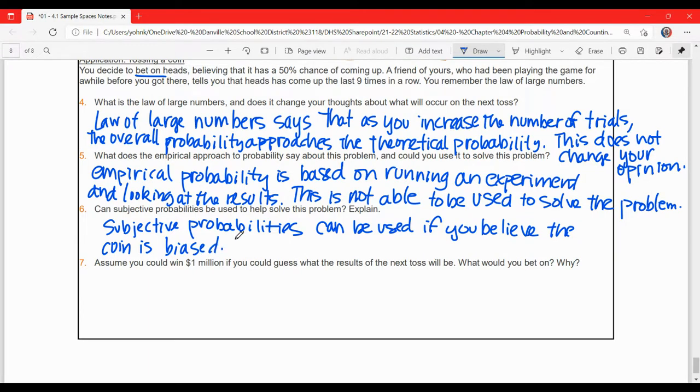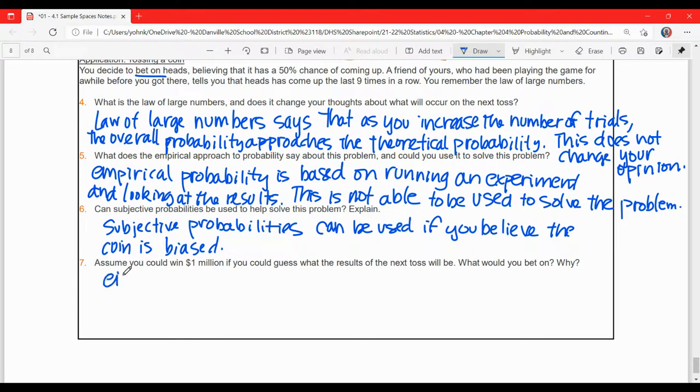And finally, number 7, assume you could win $1 million if you could guess what the results of the next toss will be. What would you bet on and why? Well, quite frankly, no matter what you bet, it's got a 50% chance of landing on heads and a 50% chance of landing on tails. So it really doesn't matter.